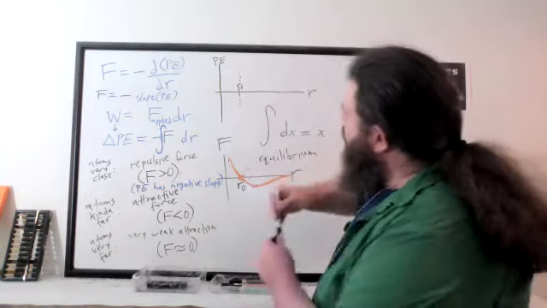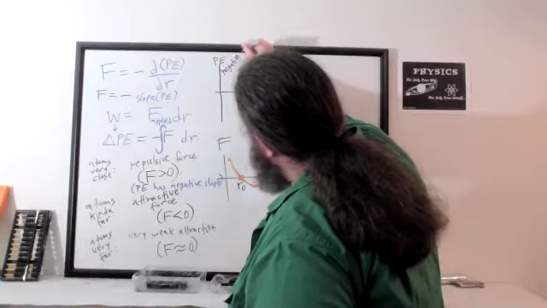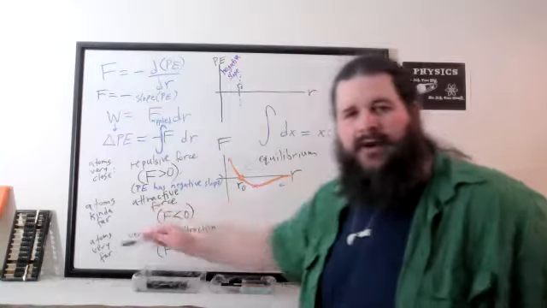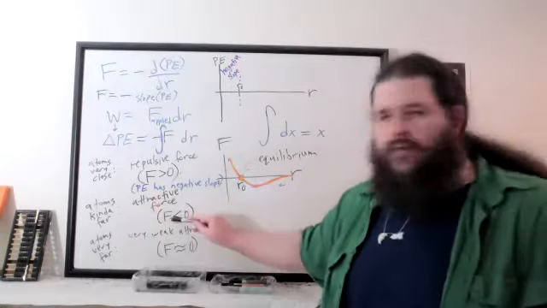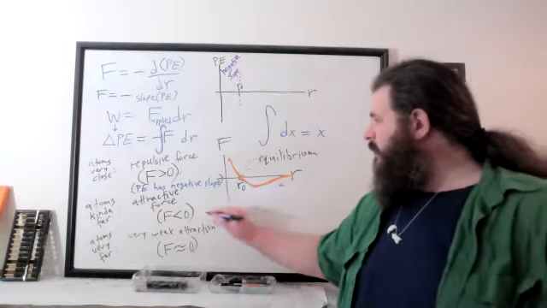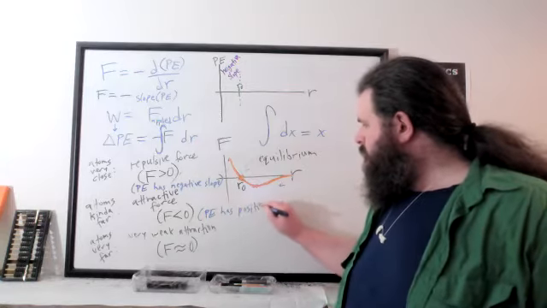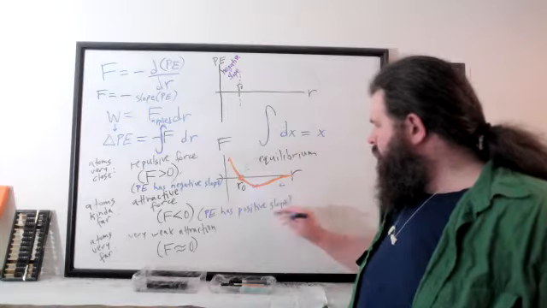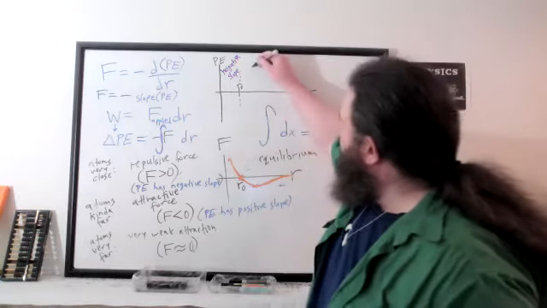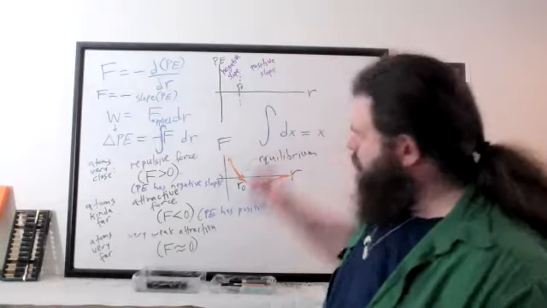In this region, we have to have a negative slope. If the atoms are kind of far apart, further than R naught, the force is negative. So that means the potential energy graph has to have a positive slope. So in this region, we have to have a positive slope.